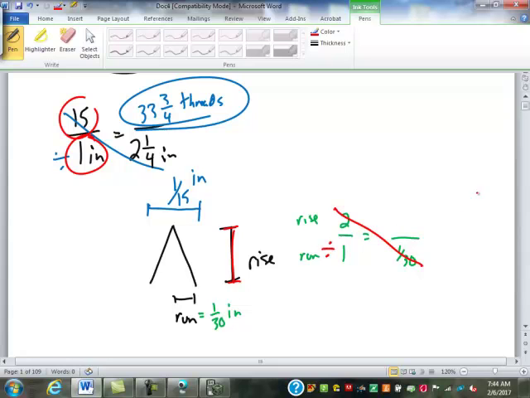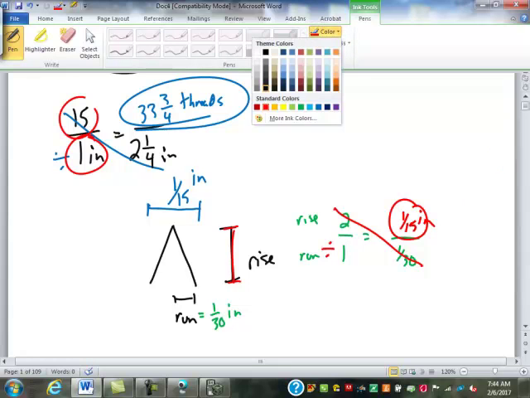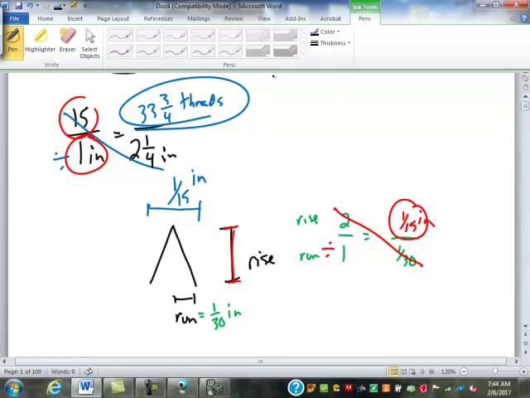Cross, multiply, and divide. This is 1/15. Any questions? The rise has to be a 15th of an inch.